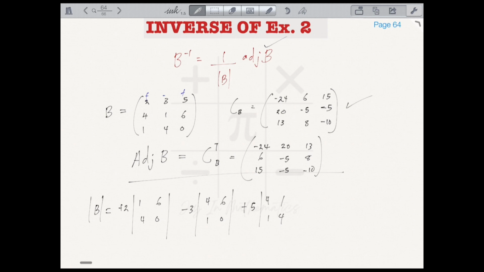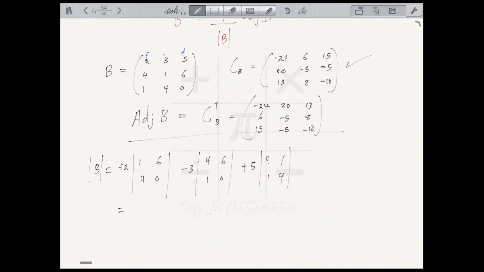Now, with that done, we can proceed and evaluate the determinant after we apply the 2 by 2 simplification of the matrix. So we have 2 into 0 minus 24, minus 3 into 0 minus 6, and plus 5 into 16 minus 1.